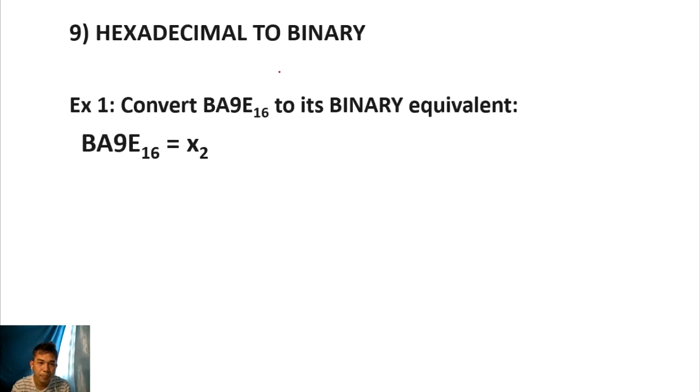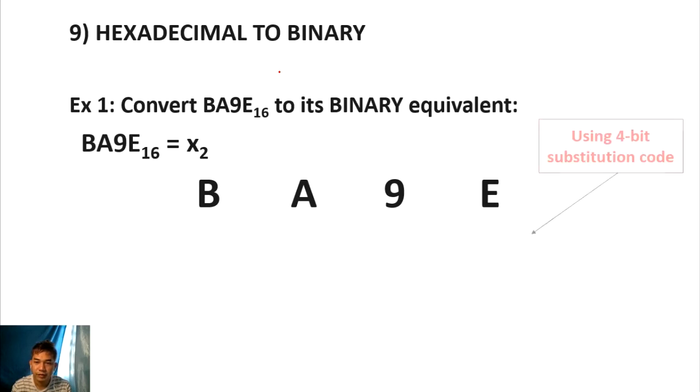Okay. So now let's convert hexadecimal to binary. Convert natin ang BA9E to its binary equivalent. Okay, so we will be using 4-bit substitution code. So based dito sa doon sa table, ang B, or this is 11, A is 10, 9, we have E is 14, right?